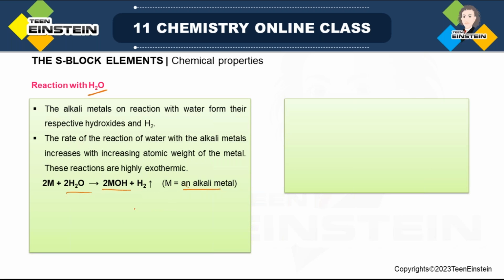If it is sodium, it is NaOH; if it is lithium, it is LiOH. In each case there is hydrogen liberation. The rate of reaction with water increases with increasing atomic weight of the metal, which is another way of saying that reactivity increases down the group.